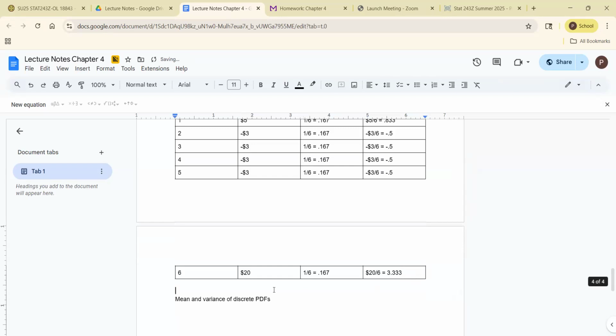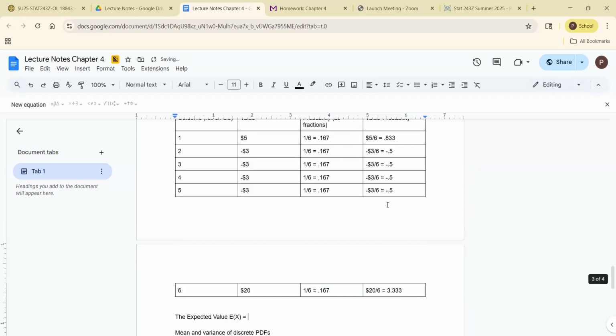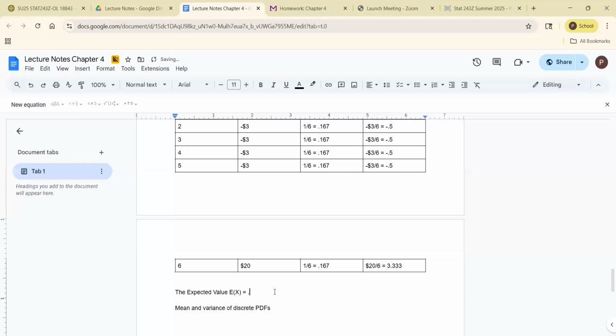Okay. So the expected value, E of x, is going to be adding all of these different numbers: 0.833 minus 0.5, minus 0.5, minus 0.5, minus 0.5, plus 3.333. Let's see if R will do it.